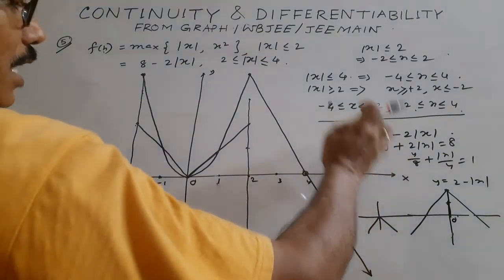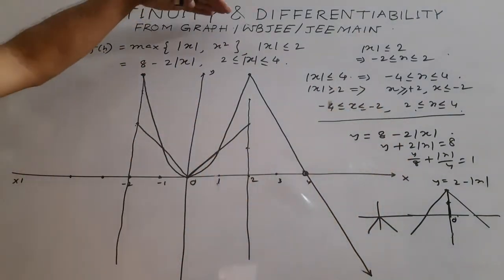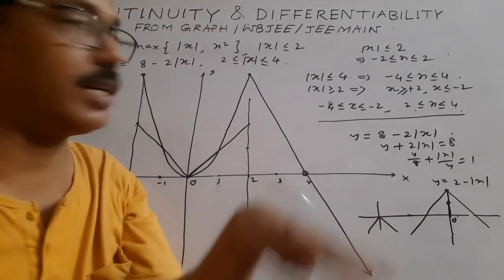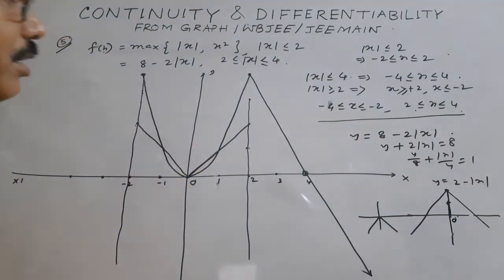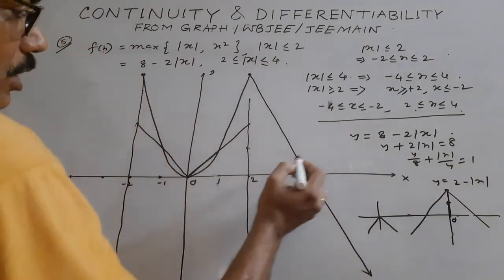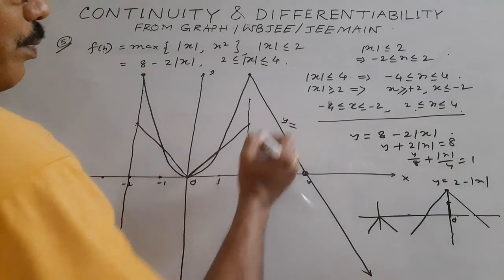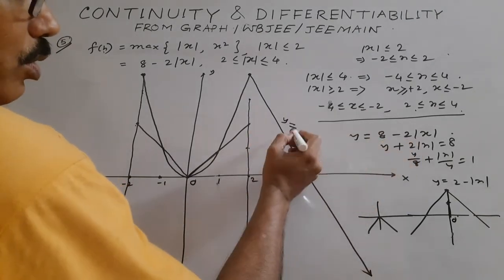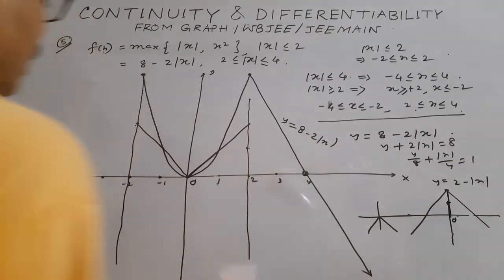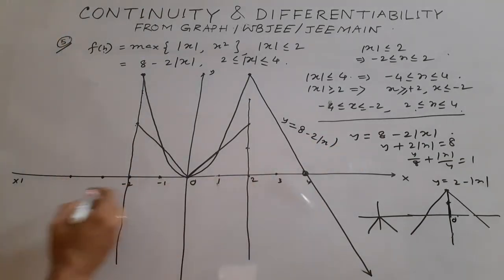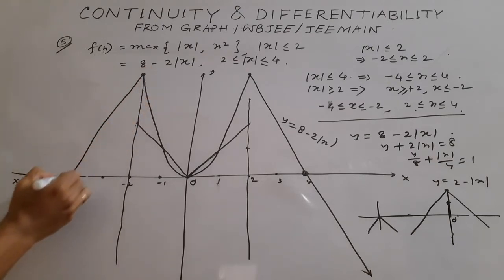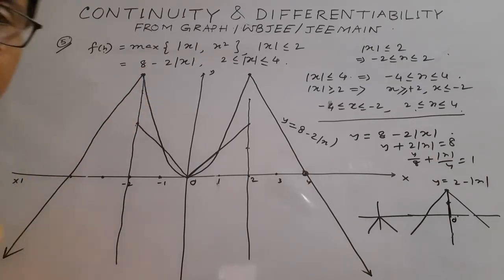Similarly, it has vertex at 8. It is not possible to draw here because you are not getting the picture of this. But if you take it, it passes from 4. So this is y equals 8 minus 2 into mod x. Similarly, this is minus 4, minus 3, minus 4. You will get a figure like this.